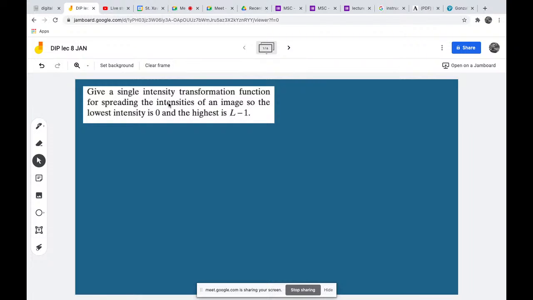A good contrast is one in which the pixels which have lowest values are very low and the pixels which have highest values are very high, but an image may not have a good contrast. You want to convert them into an image which has got good contrast. So how would you do it?